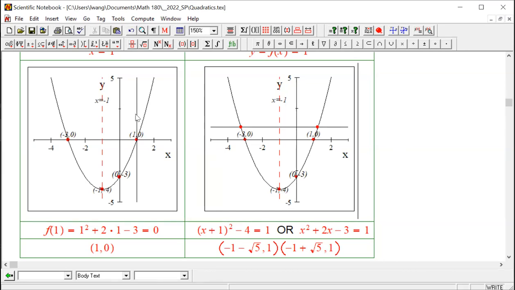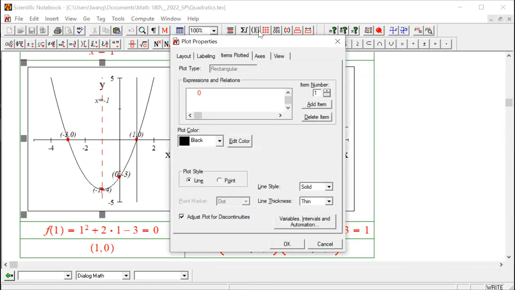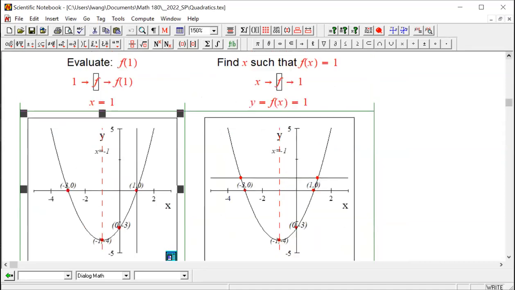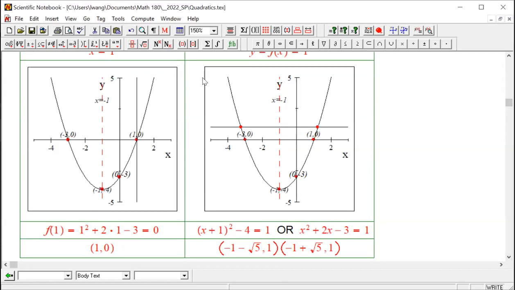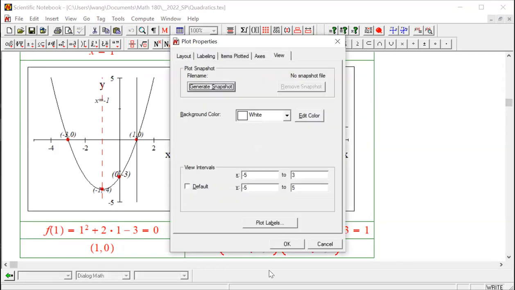So for the vertical cut, let me mark the vertical line. The vertical line is actually given to you. That's the vertical line, and that's the horizontal line. I think I'm going to write on the graph, and I want you to do the same.